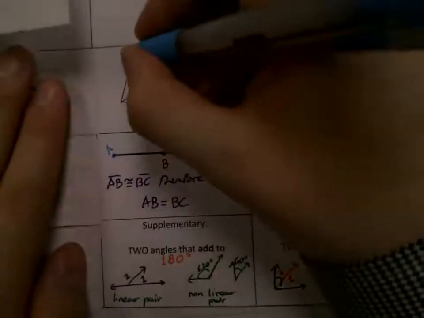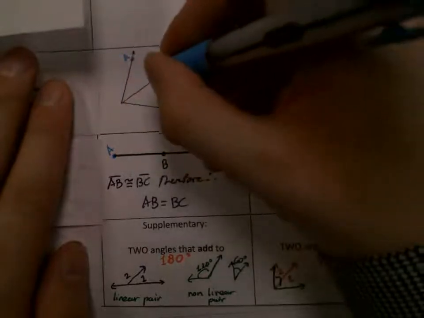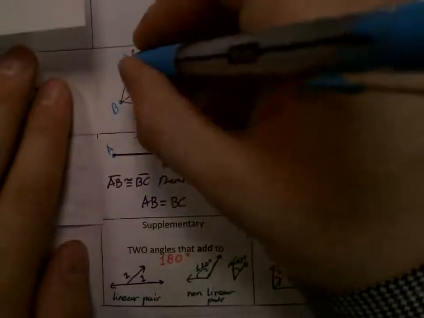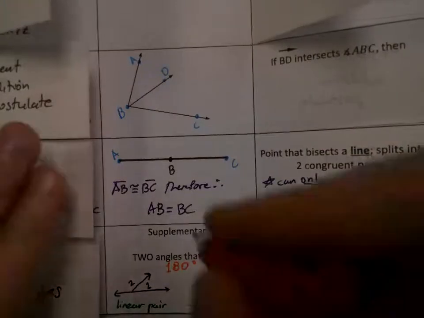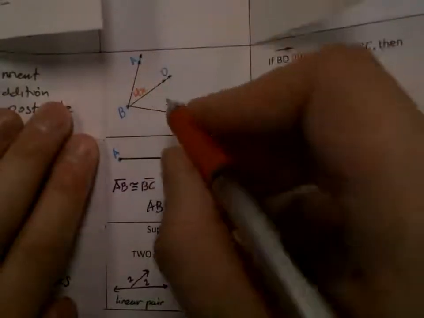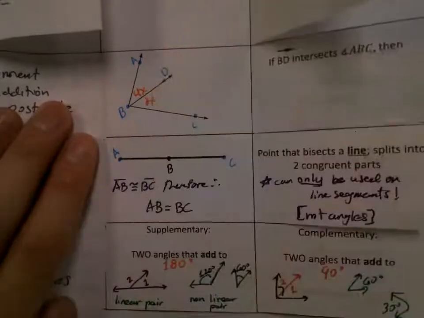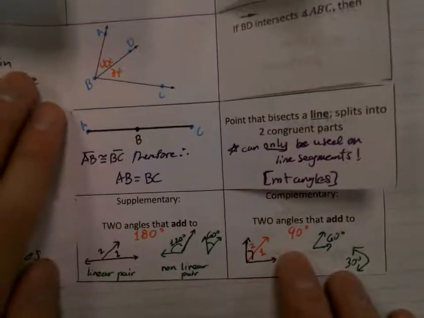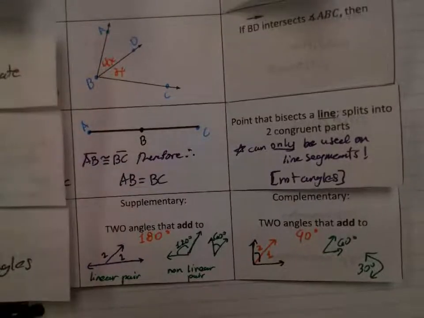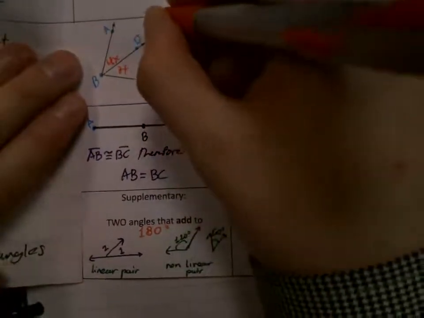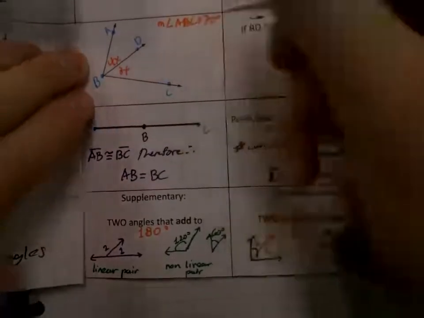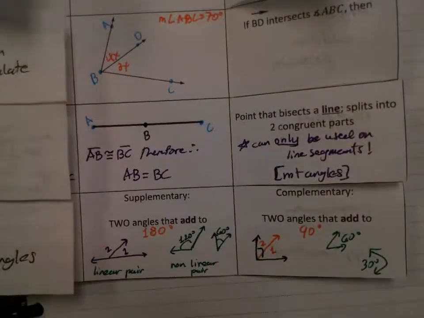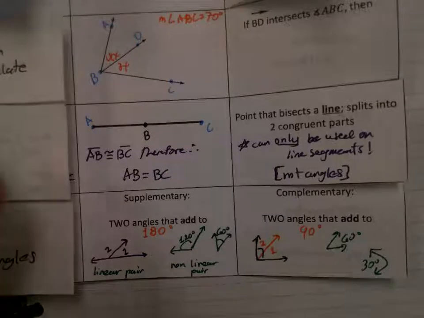If I have an angle A, D, and C, so ABD and DBC, and I say that ABD is 4x and DBC is 3x, and I say that the measurement of angle ABC is equal to 70 degrees, then I can use algebra to figure out what the x value is.